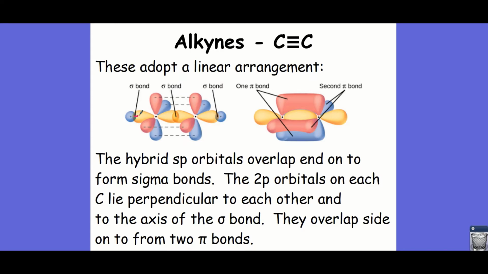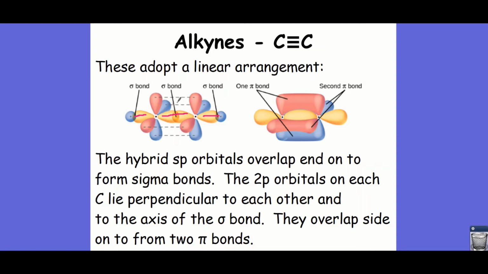So we've got a sigma bond there, a sigma bond here, and a sigma bond there. The p orbitals lie perpendicular to the hybridized orbitals, and we have 1 p orbital shown in red and 1 p orbital shown in blue, and you see that on both carbon atoms.